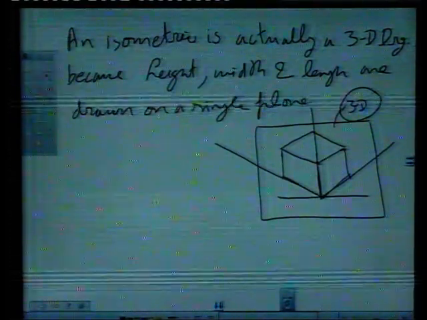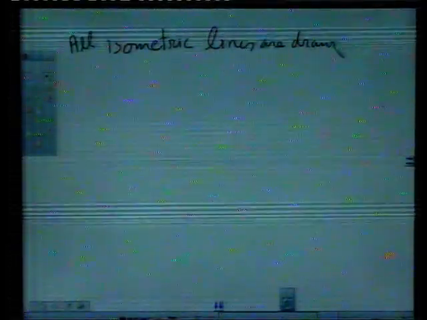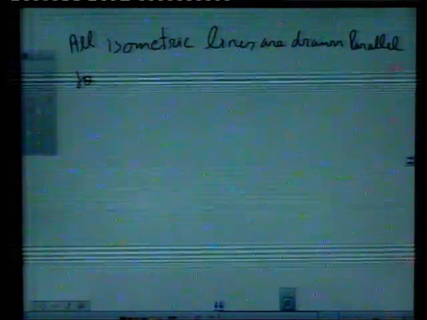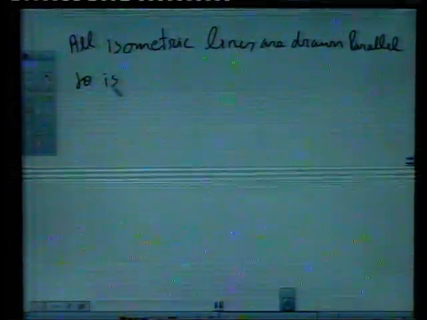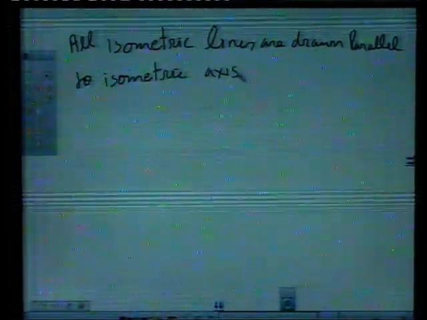Let us move on to the next point. All isometric lines are drawn parallel to isometric axes.